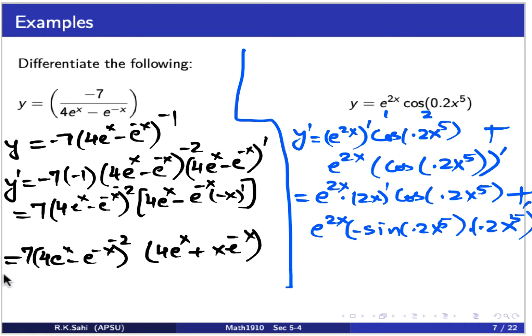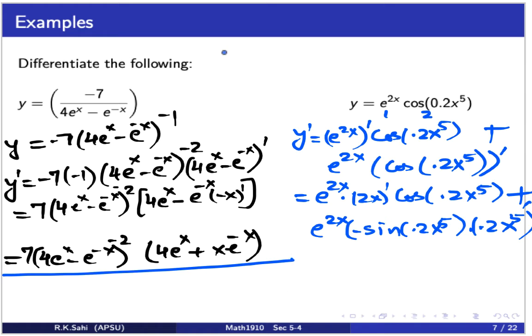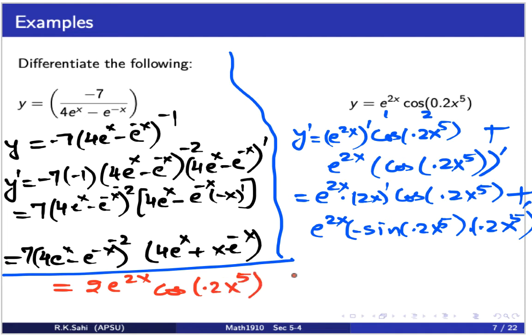So what do we get? It's going to be equal to 2 times e to the power 2x cosine of (0.2 x to the power 5).